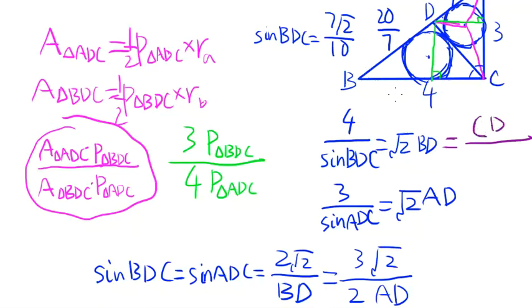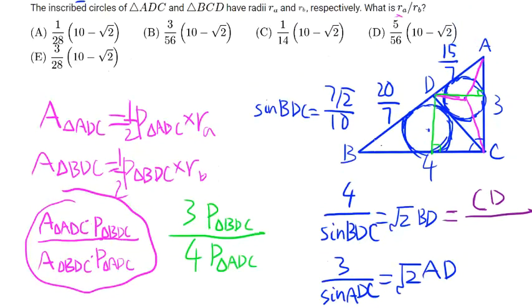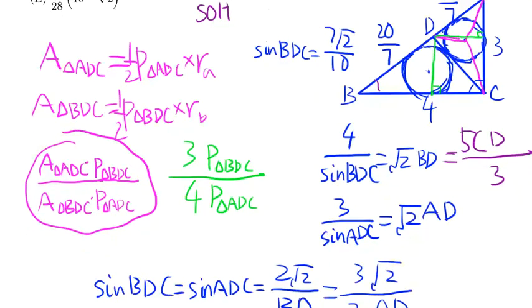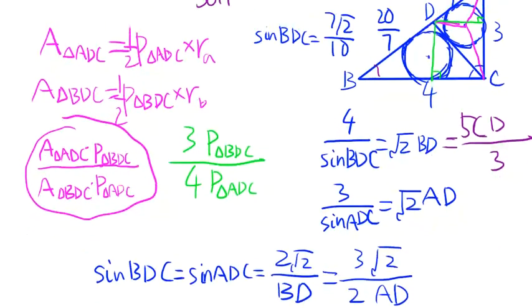by this angle. This angle was sine this angle. And then we all remember SOHCAHTOA, right? So opposite over hypotenuse is 3, hypotenuse is 5, 3, 5. Or we could just write it like this. Root 2 BD equals 5 CD or whatever.